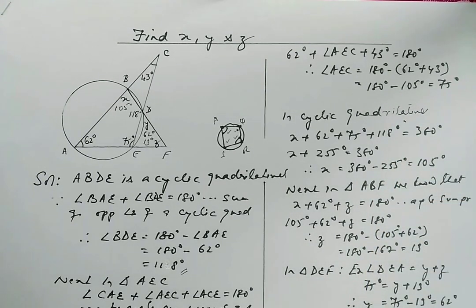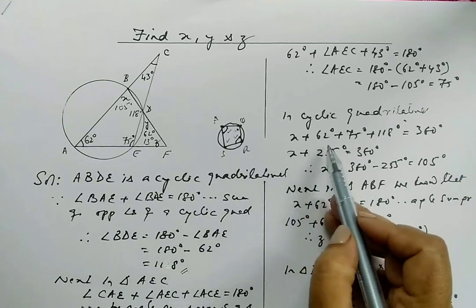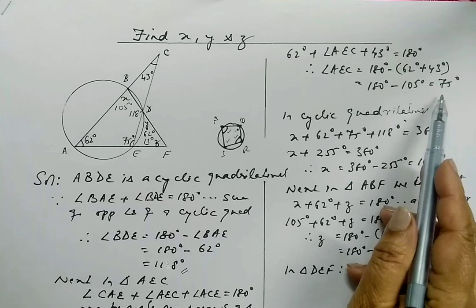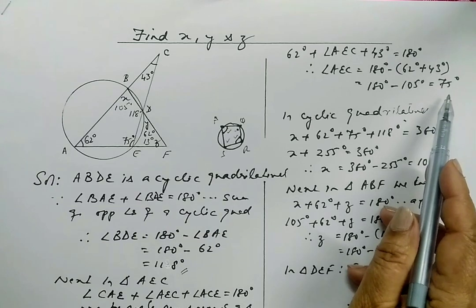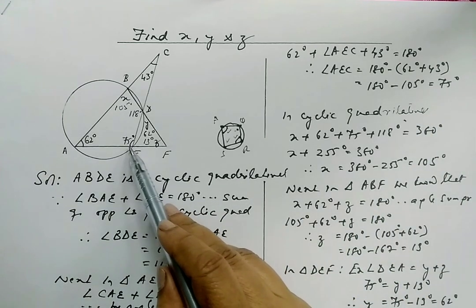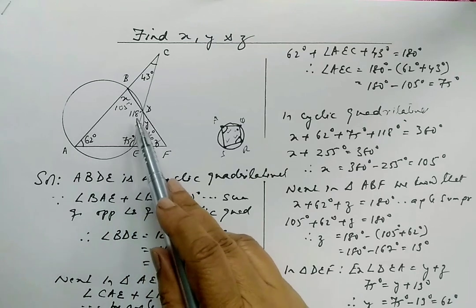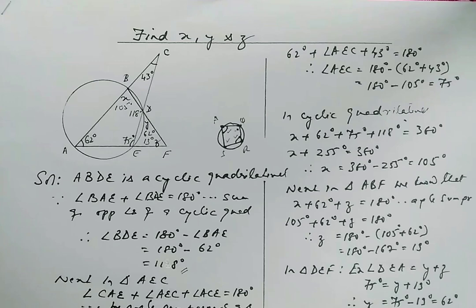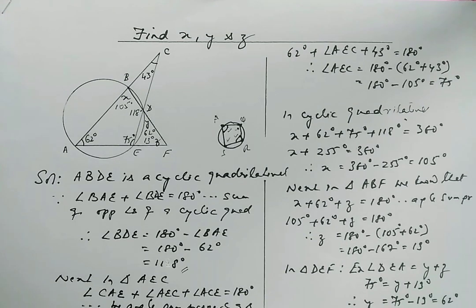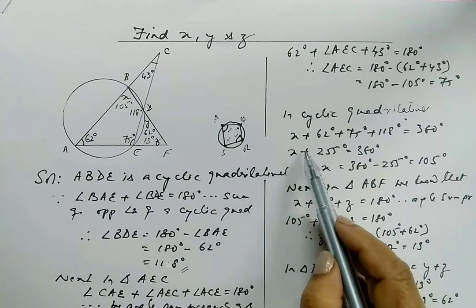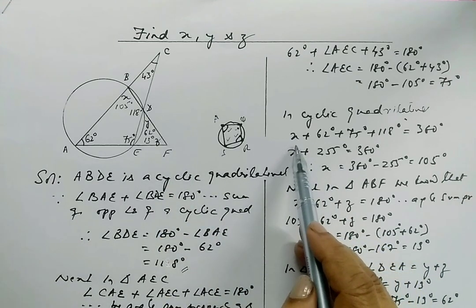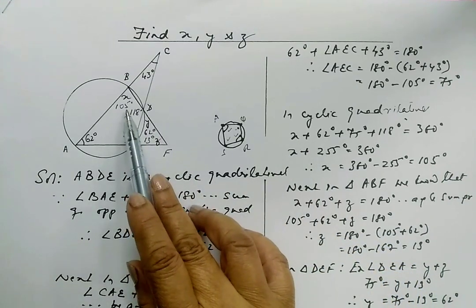Next we switched over once again to the quadrilateral. We have 4 angles here, and we already had 75 degrees for this one. So, 1, 2, 3. Now we head on to finding x, which was unknown to us so far.